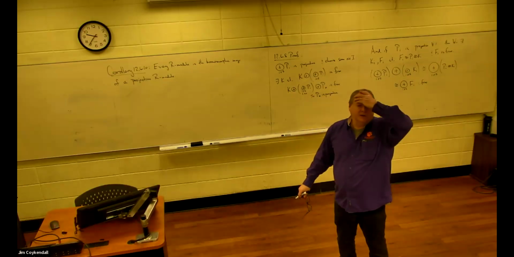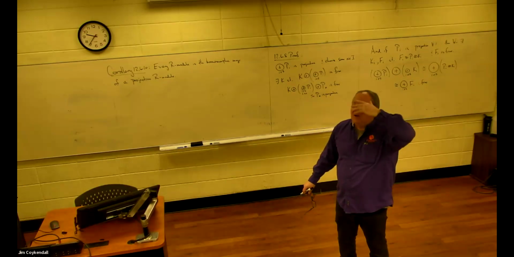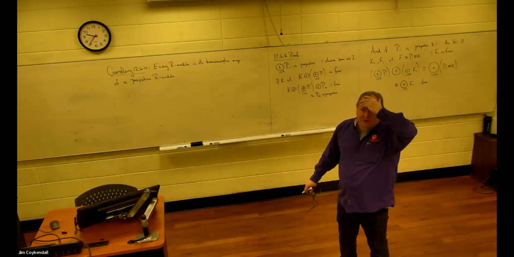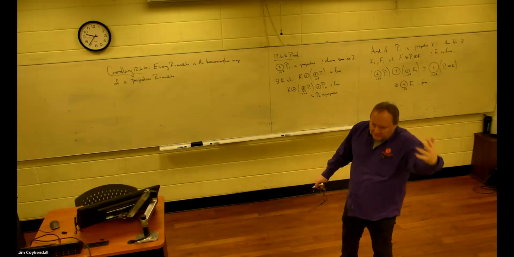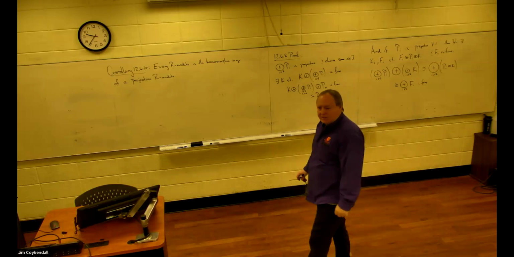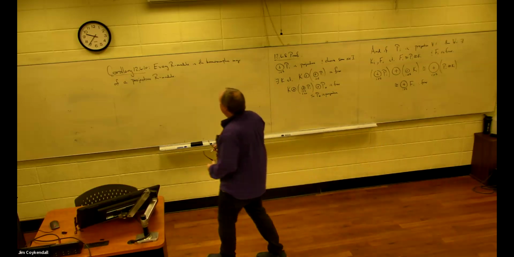Here's my proof of this. Free implies projective, right? And since every R module is a homomorphic image of a free module, it is by its very nature a homomorphic image of a projective R module.